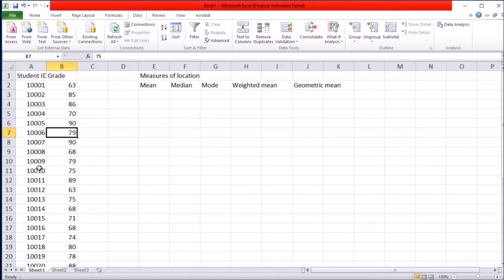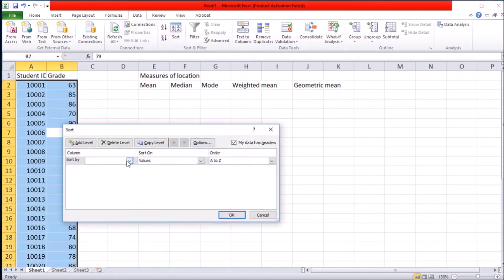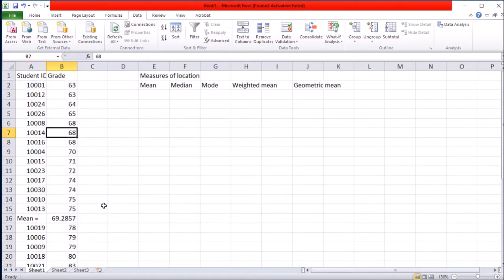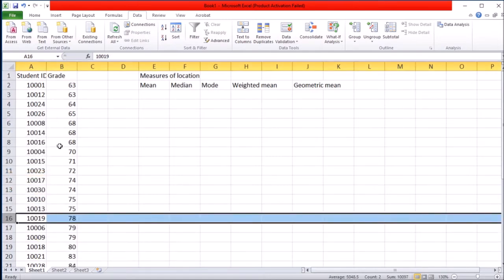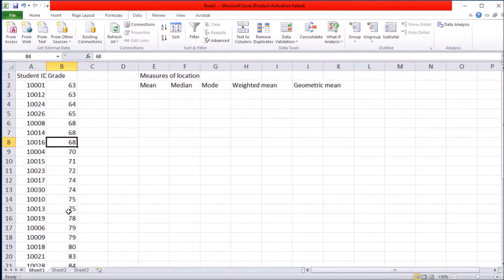Let's have a look at that. Let's sort it first. Delete this mean, we don't need it anymore. And the two middle values are going to be numbers 15 and 16. So let's find the 15th and 16th highest grades. That's 78 and 79.